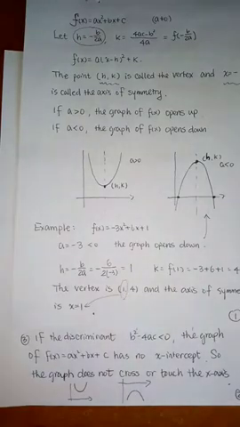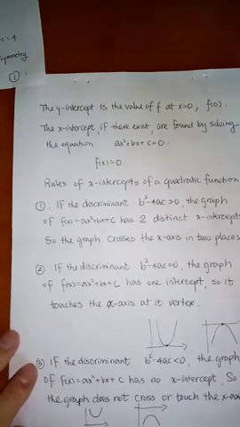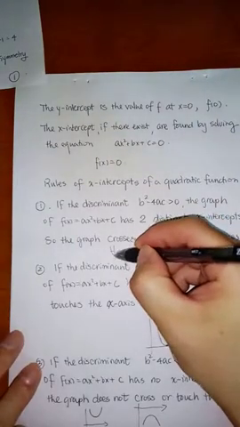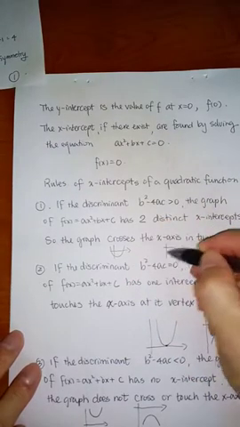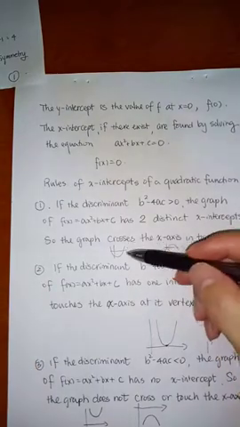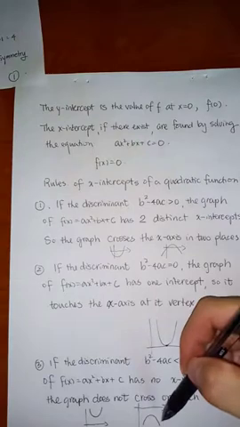Okay, that's the intercept, vertex, graph, and discriminant. So in this case, you can see that it crosses this way. This is a cross. You have the cross case, you have the touch case, you have a no intercept case.